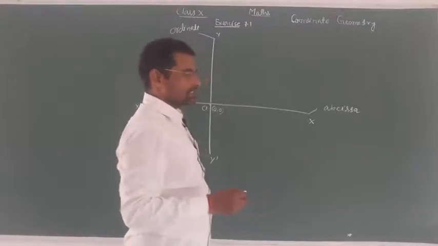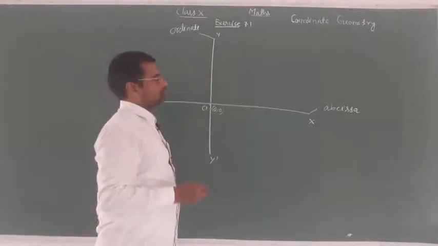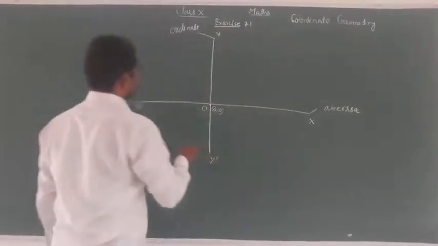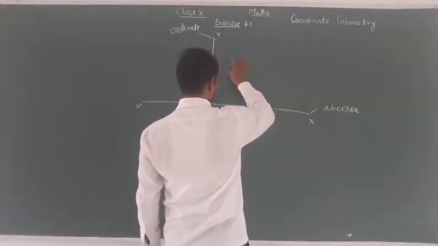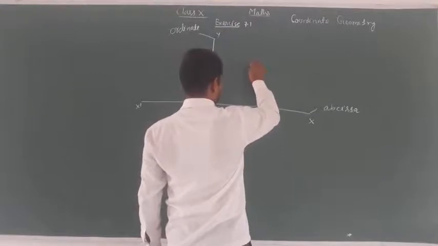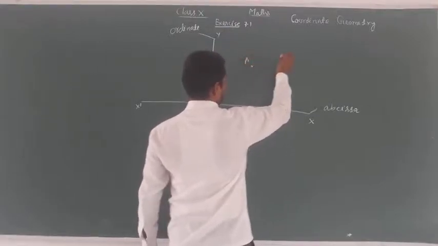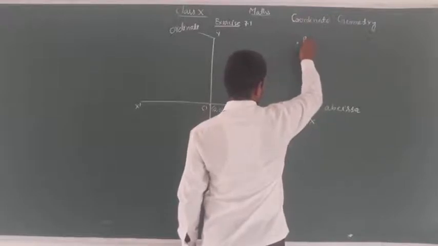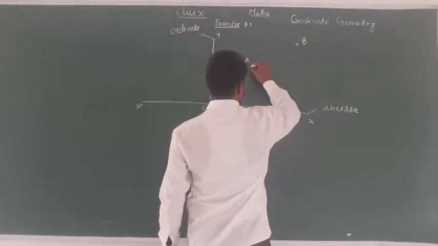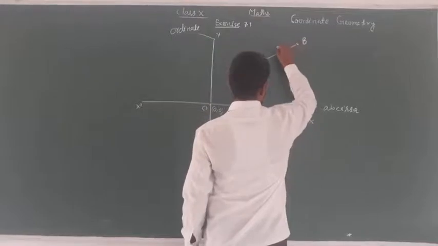Now in coordinate geometry, we find the distance between 2 points. Let a point on the first quadrant be point A and another point B. We find the distance between them.